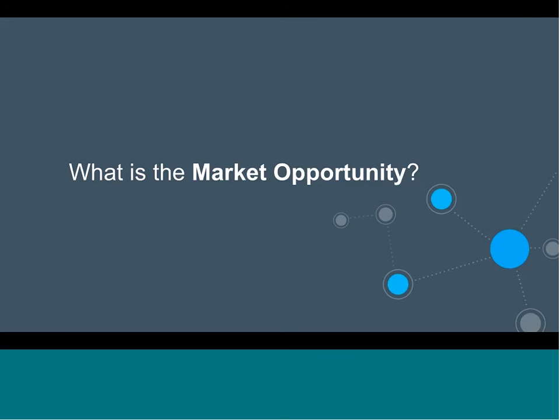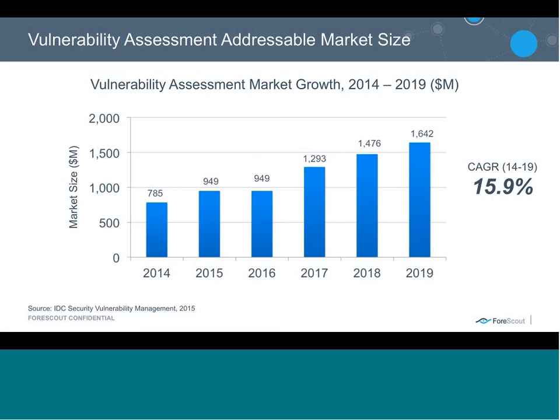So, market opportunity. The addressable market size is growing. It's growing at 15.9%. You can see from 2014 to 2019, it just keeps going up. A little lull in 2015, 2016, but from here up, it's going to continue to grow because the bad guys that are writing these vulnerabilities are getting smarter and more persistent.